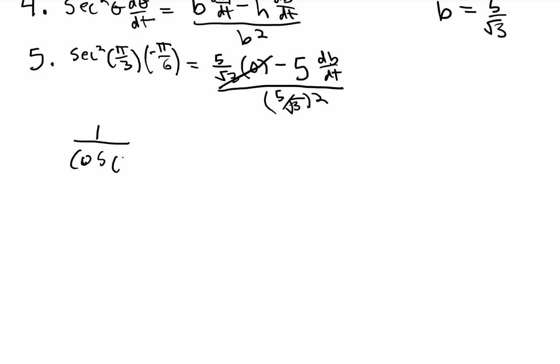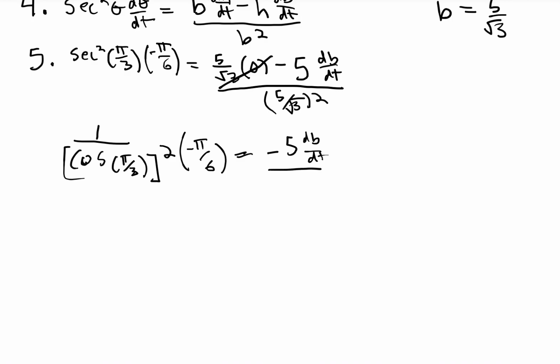So here I've really got cosine in the denominator that I'm squaring. I can think of it that way instead of secant squared. Another thing I can do to simplify right off the bat: that term went away. This is really now minus 5 dB dt all over 25 thirds once I actually square that.